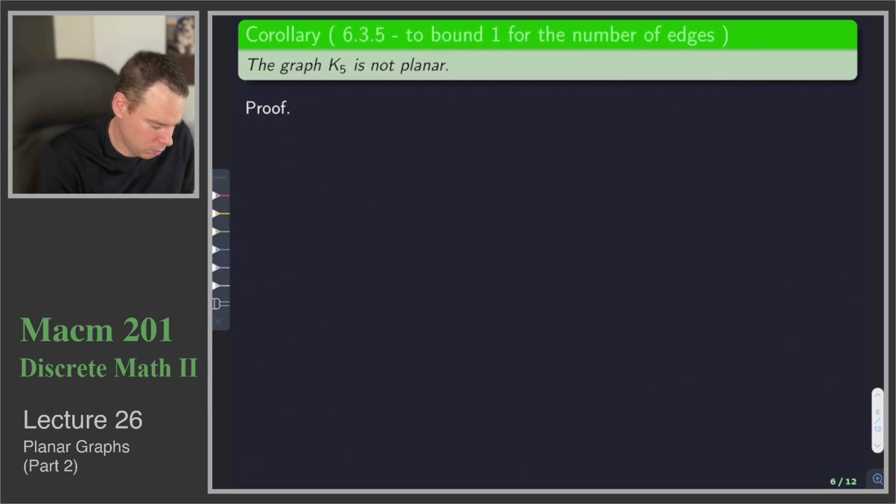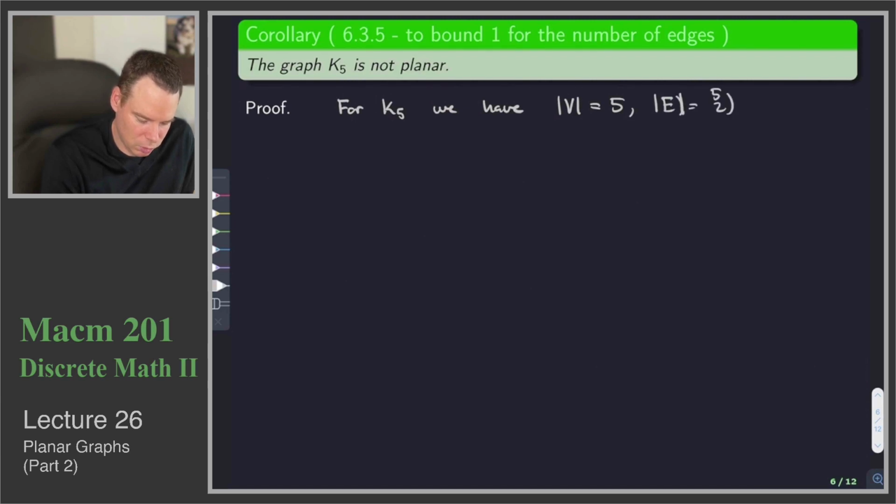So here's our first result that follows from that theorem, and that is the graph K5 is not planar. Why is that? Well, for K5, the size of the vertex set is 5. The size of the edge set is 5 choose 2, or 10. And so, what is 3 times V minus 6?